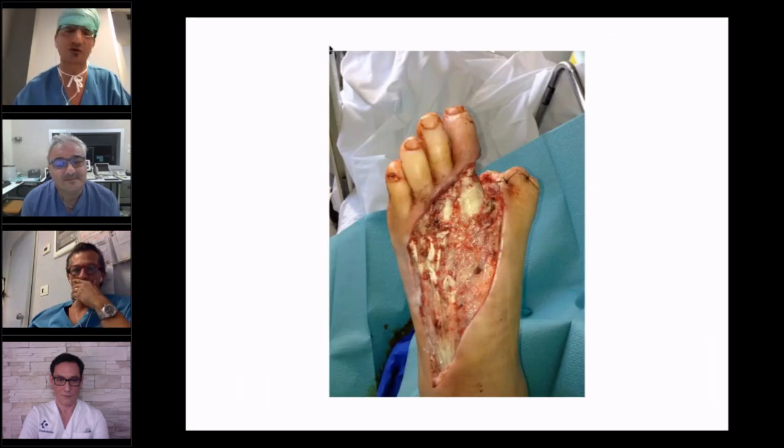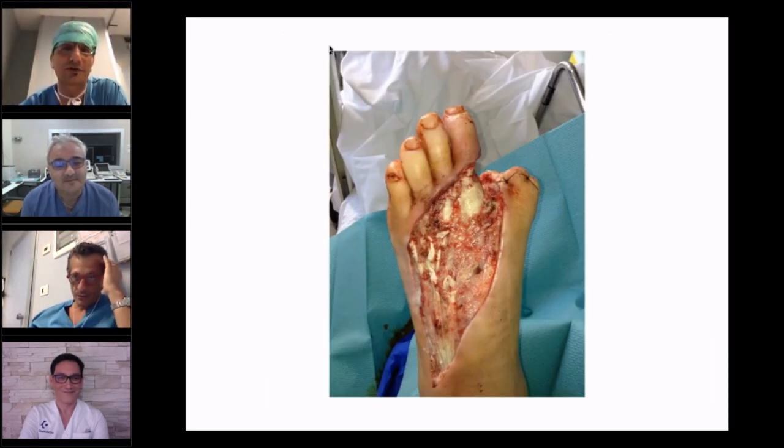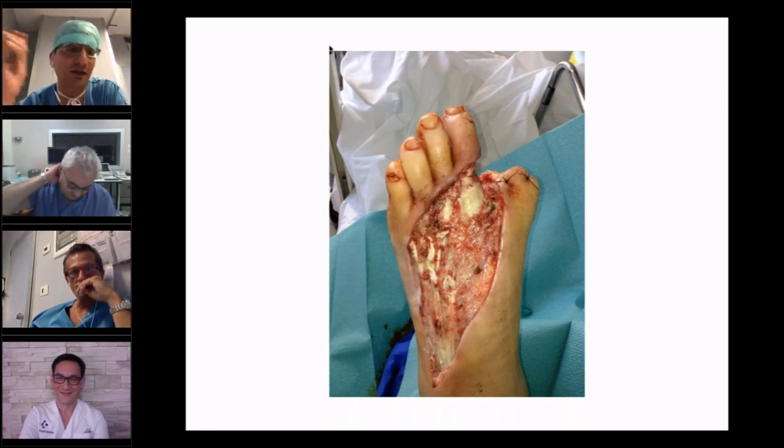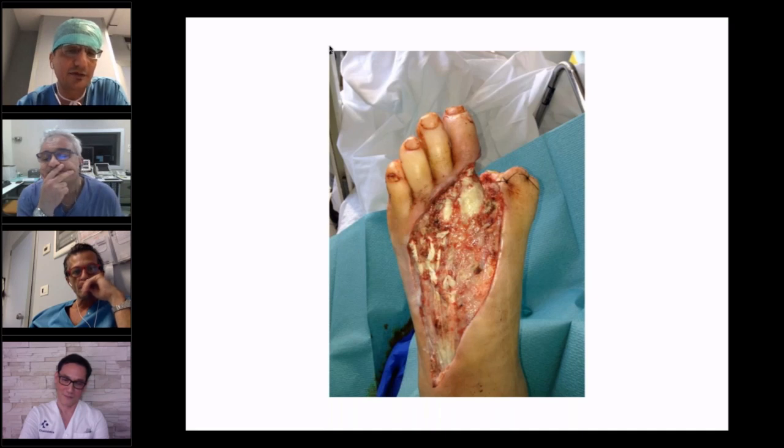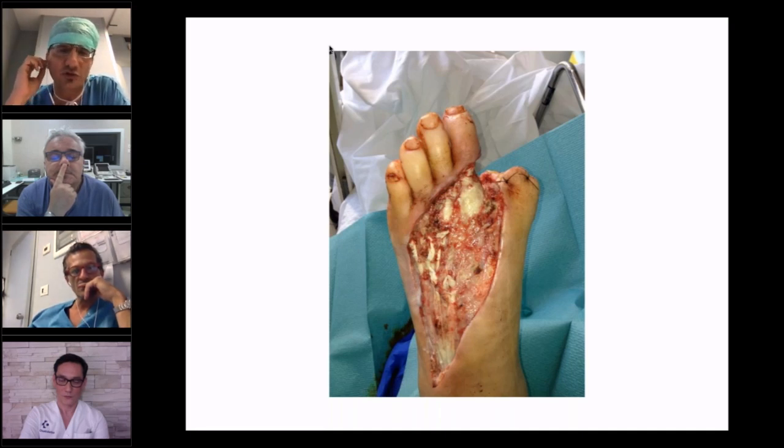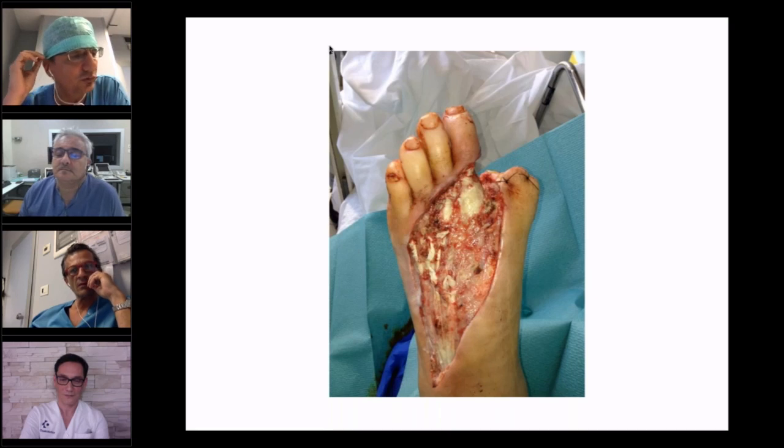I'm not a vascular surgeon. I'm not a radiologist, but I am only a poor diabetologist that in the last 20 years of my career deal with patients affected by diabetic foot like this. This is a patient that after an urgent surgical debridement of an acute infection and after a revascularization for a critical limb ischemia, now needs something more and some more work from me to get the wound to close and heal.